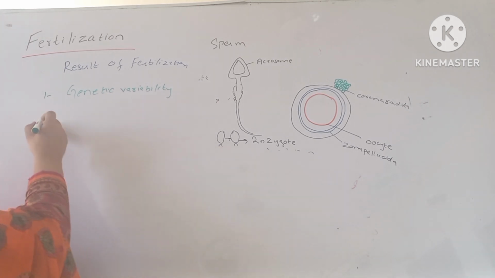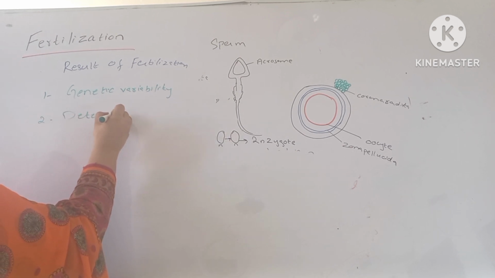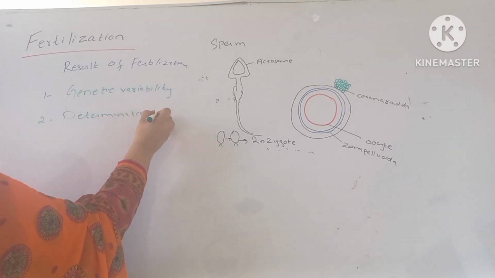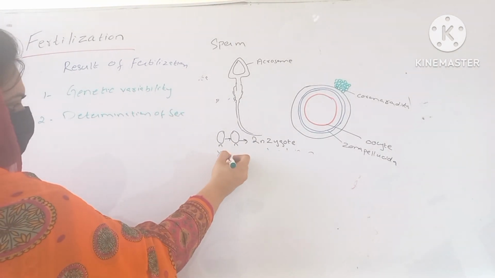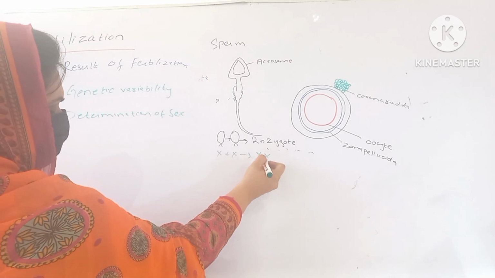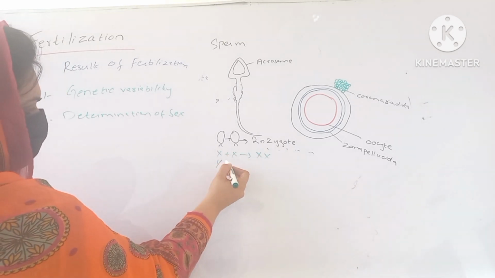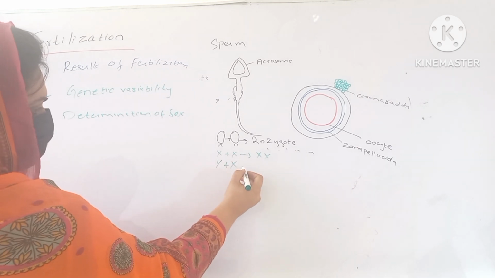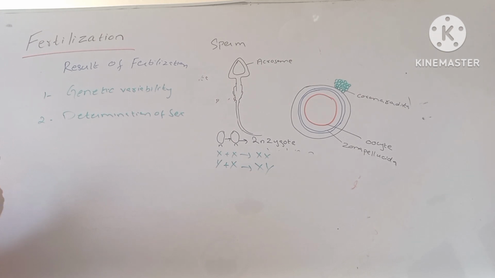Then the determination of the sex. Sometimes the X will combine with the X to form double X, so a daughter will be there. Sometimes the Y chromosome of the male will combine with the X of the female and there will be a boy. So this is the determination of the sex.